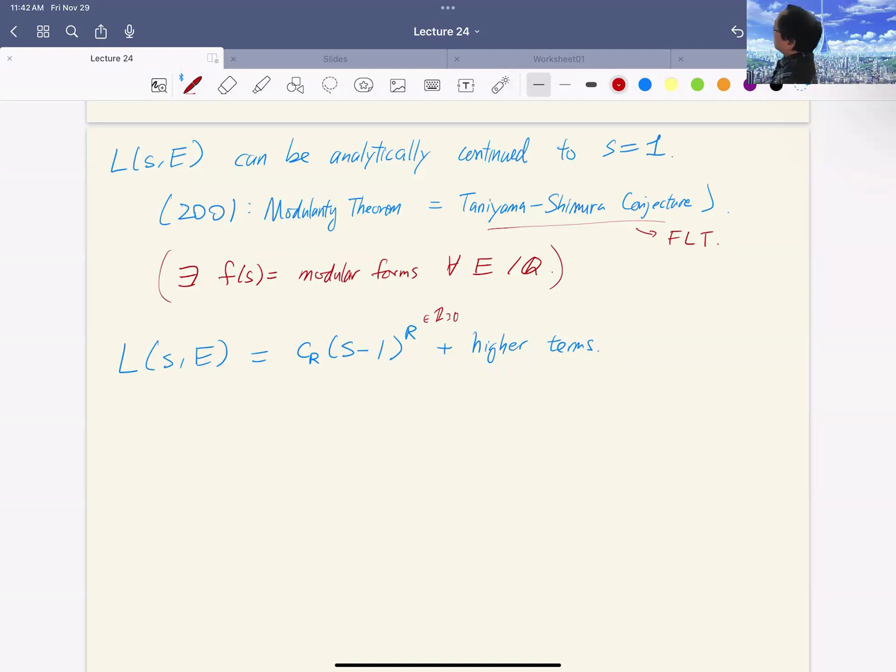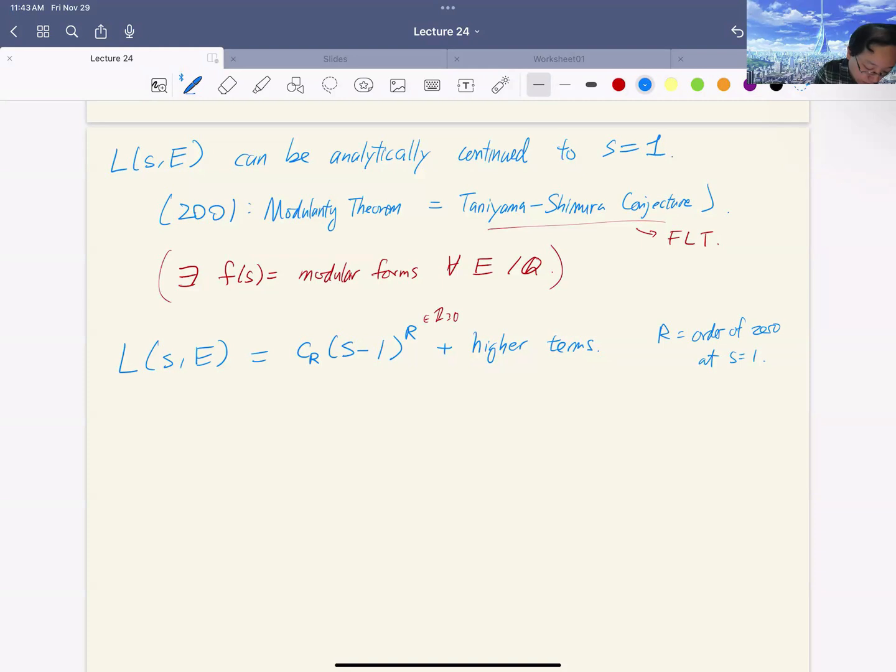So we know this. When R is 0, it just means L(1) is a non-zero number. But when R is not 0, then L(1) is 0, and this R is the order of zero at s equals 1.